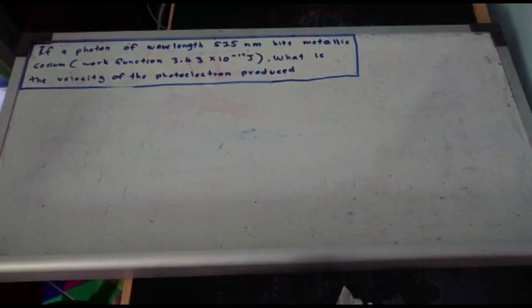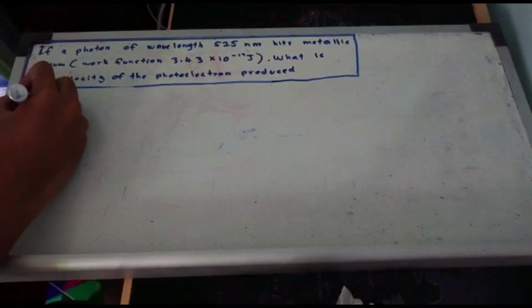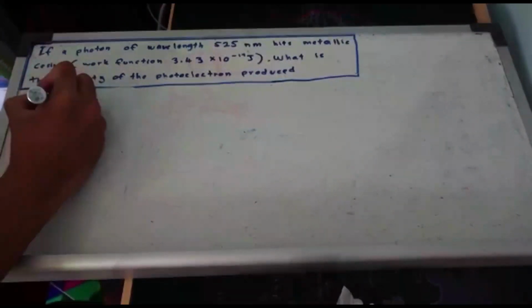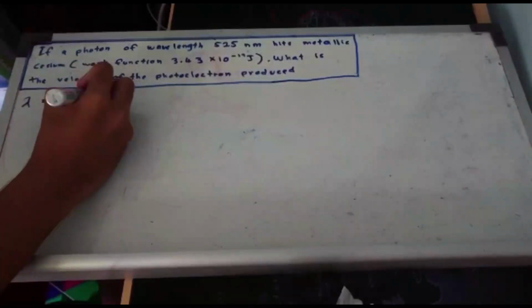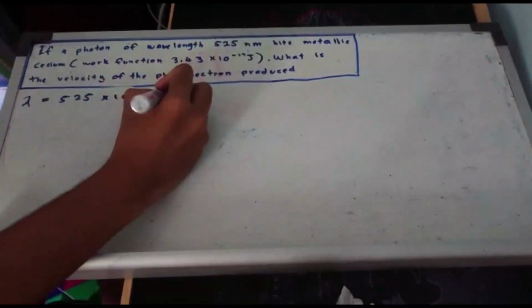So let us try to answer this question. If a photon of wavelength 525 nanometer hits metallic cesium with a work function of 3.43 exponent -19 joule, what is the velocity of the photoelectron produced? Firstly, we list down all the information given: the wavelength is equal to 525 nanometer, which is 525 exponent -9 meter.